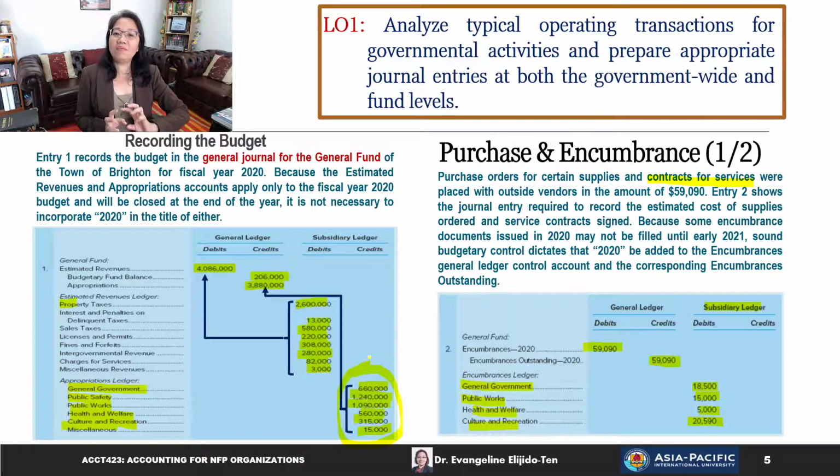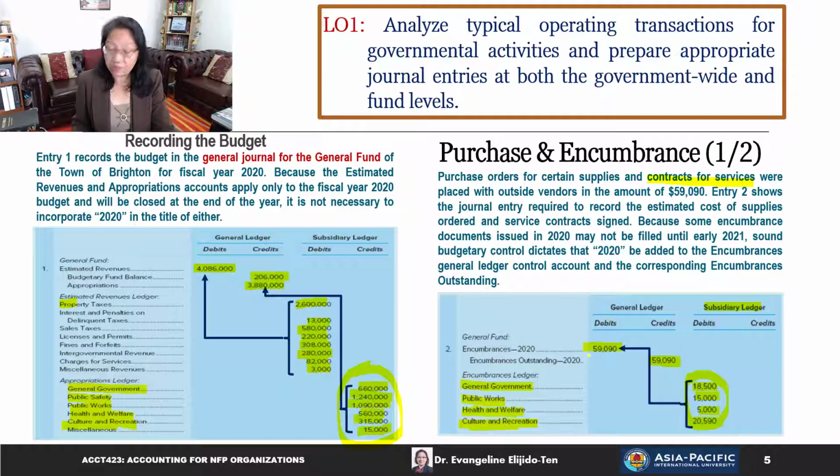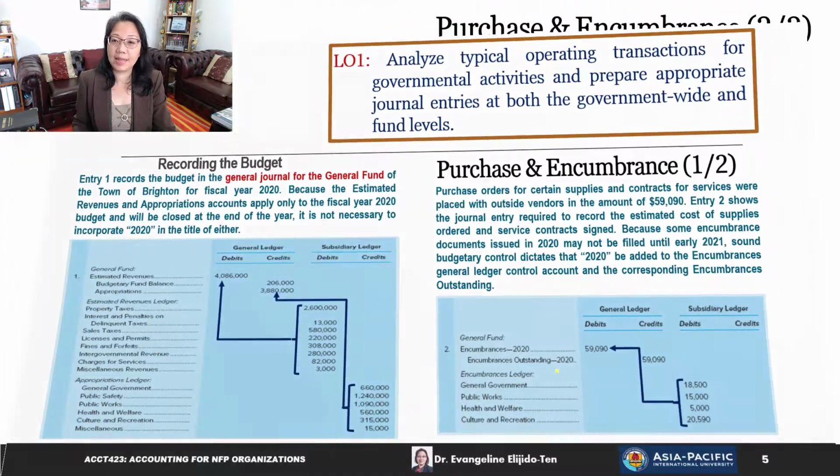But once we have encumbered, we have already entered into the contract with suppliers, we are going to then debit those particular services of the government, or programs or functions. So the total of that is the one that we have debited to encumbrances and credited to encumbrances outstanding.